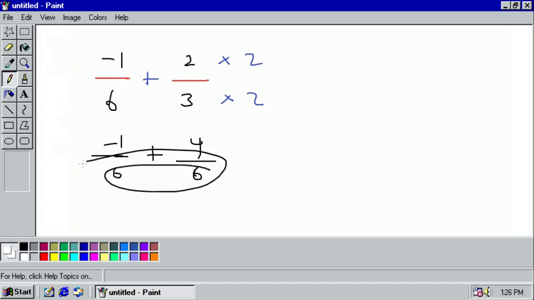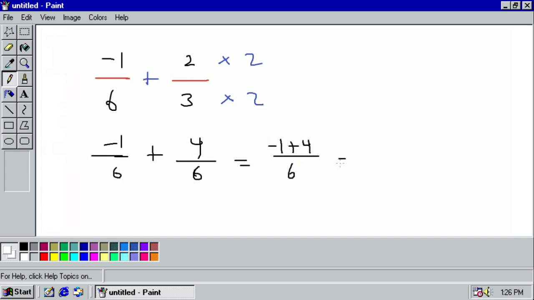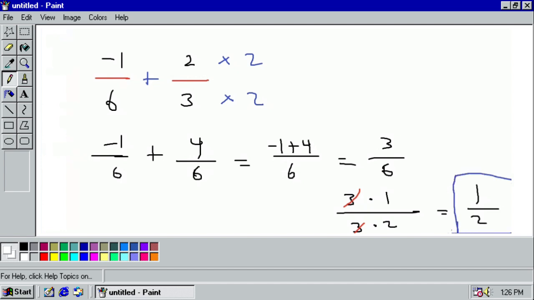As you see, we have the same denominators now, giving us -1 plus 4. -1 plus 4 is 3 over 6, and we can simplify it. 3 times 1 over 3 times 2, because both of them are multiples of 3. We can simply cancel that, giving us 1/2. So this will be the answer for this problem.